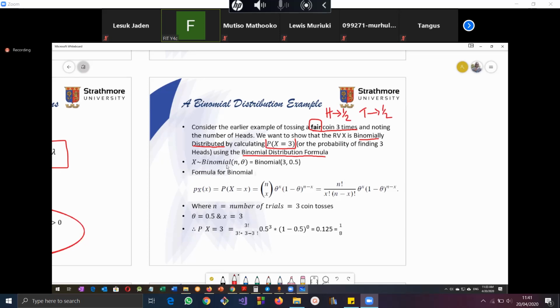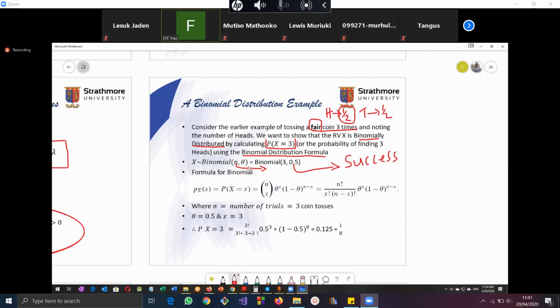So the random variable X binomial is written like this: n, theta, where theta is the probability of success in probability distribution definitions. And then 3 is the number of trials. N is the number of trials here.